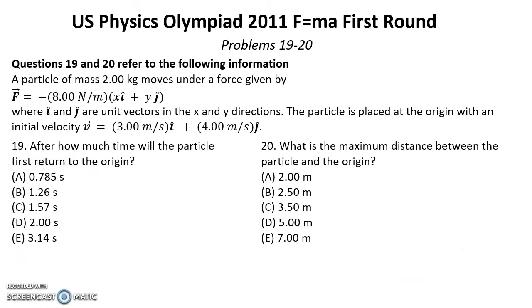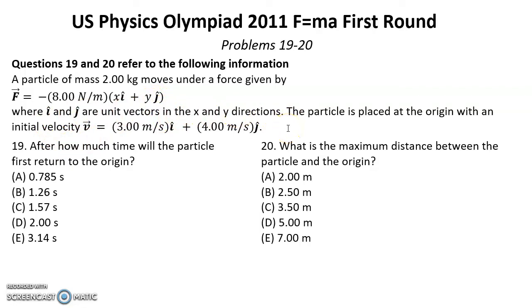Problems 19 and 20. Questions 19 and 20 refer to the following information. A particle of mass 2 kg moves under a force given by the equation F equal -8 newtons per meter multiplied by xi plus yj, where i and j are unit vectors in x and y directions.